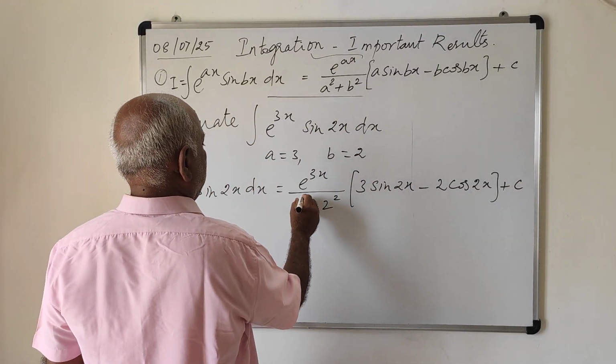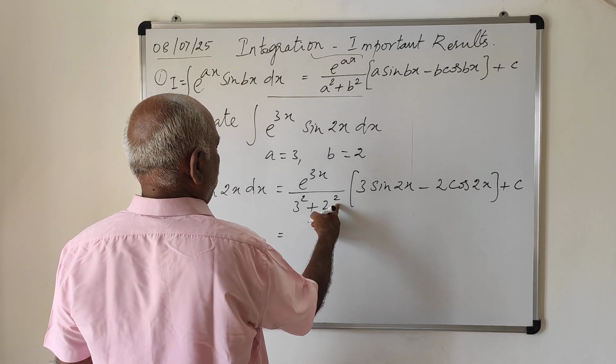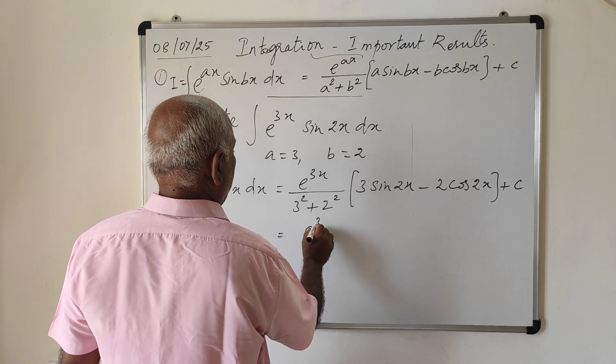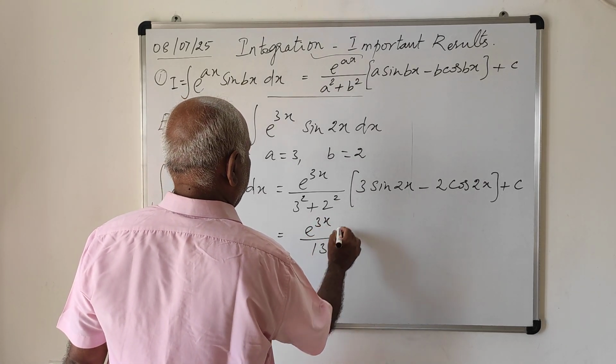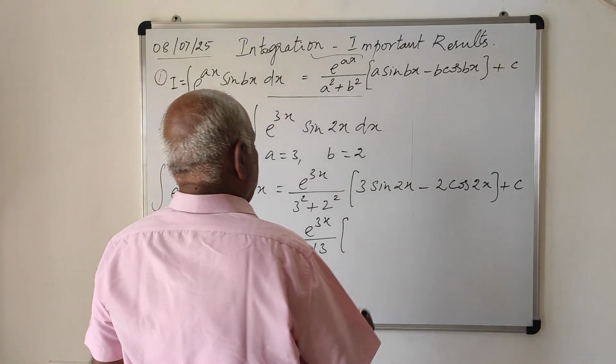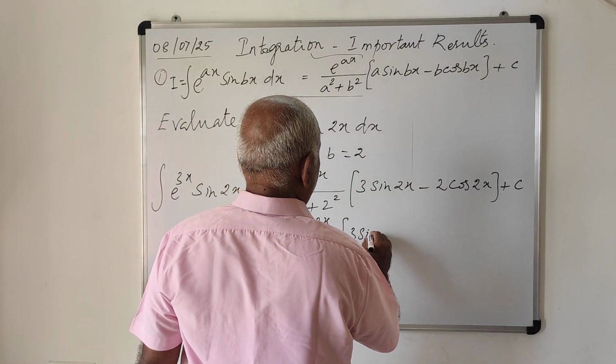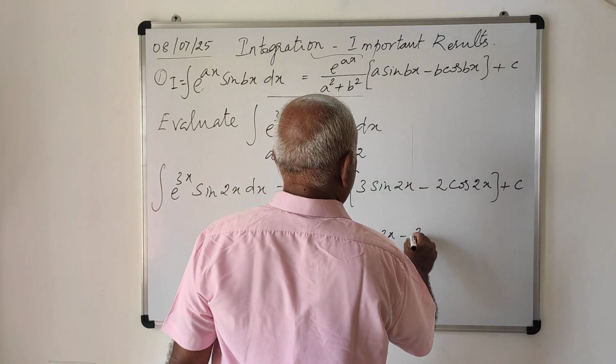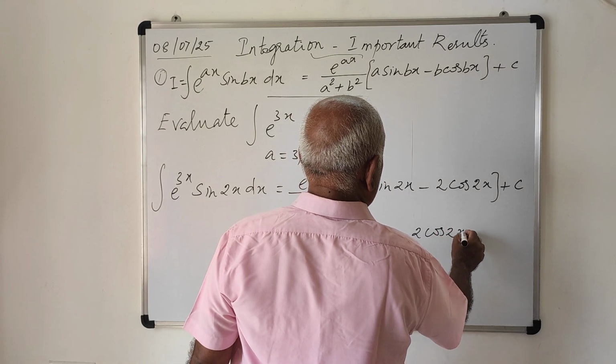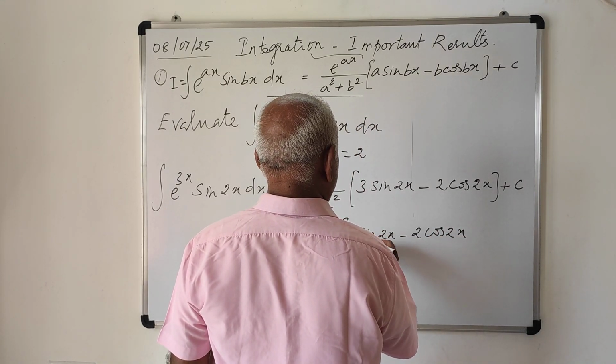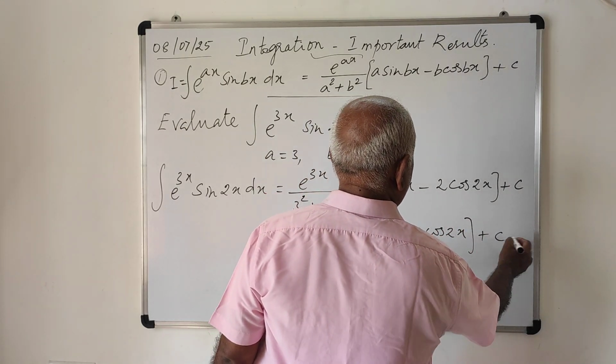Again, 3 square is 9, 2 square is 4, 9 plus 4 is 13, therefore you will get e power 3x by 13 into 3 sin 2x minus 2 cos 2x plus c.